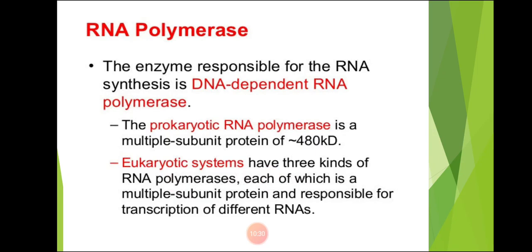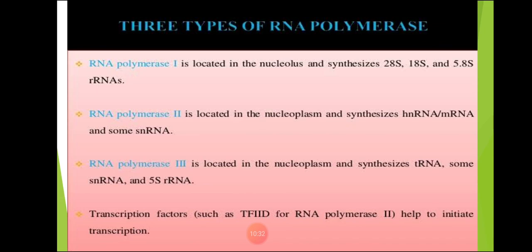What are those three kinds? Let us see. RNA polymerase 1 is located in the nucleus and synthesizes the rRNAs. Then RNA polymerase 2 is located in the nucleoplasm and synthesizes hnRNA, that is heterogeneous nuclear RNA, and mRNA.